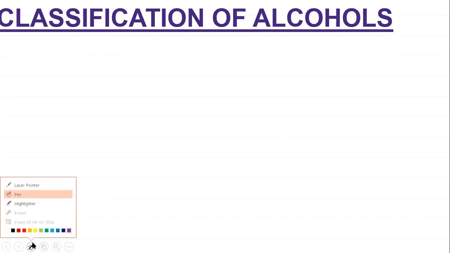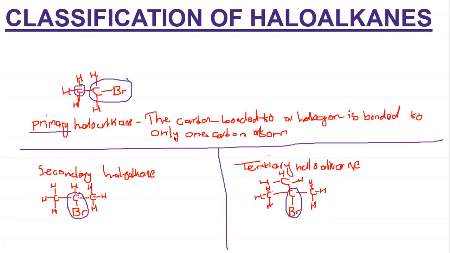Then in the classification of alcohols, my dear learners, I just wanted to give you that as a task: go and do classes of alcohols in terms of primary alcohols, secondary alcohols, as well as tertiary alcohols. For you to be able to do those, you need to remember that the carbon carrying the OH group, if it's primary, will be bonded to 1 carbon atom.